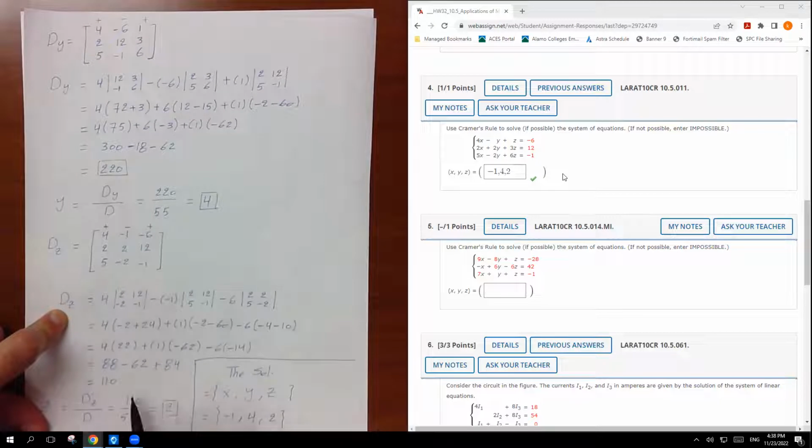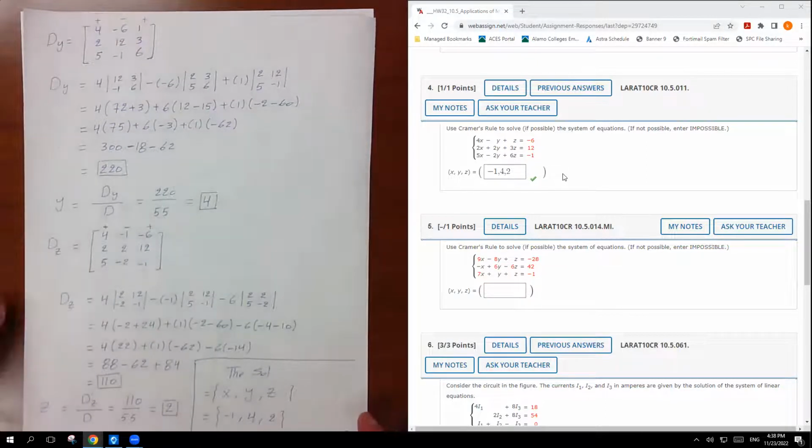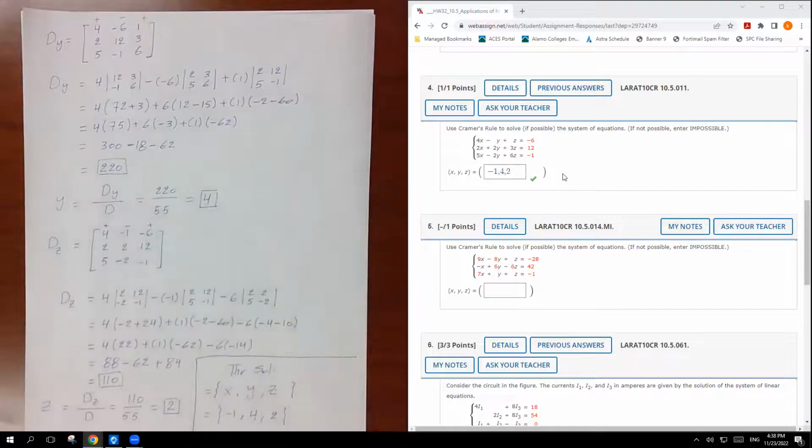Do the math here, we got 110. That means z is going to be dz divided by d, which is 110 divided by 55, and the result is going to be 2. That means x equal -1, y equal 4, and z equal 2. So that's the solution for example 4. You're going to do exactly the same thing for example 5.